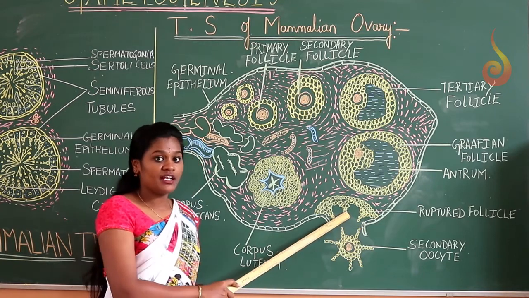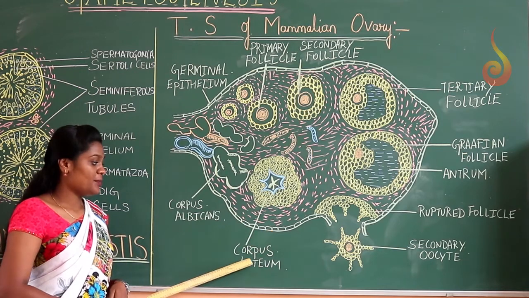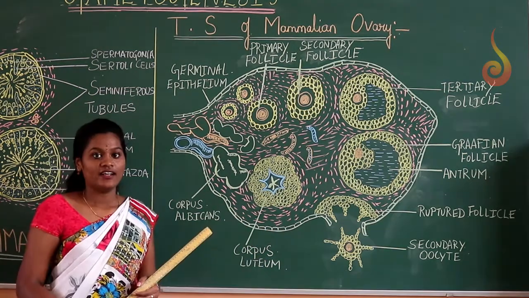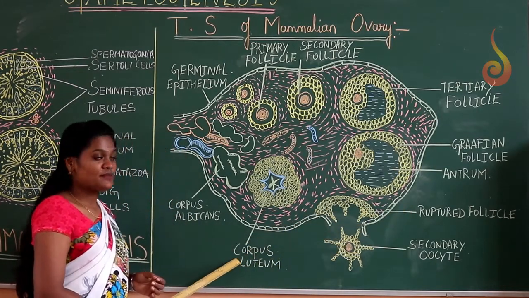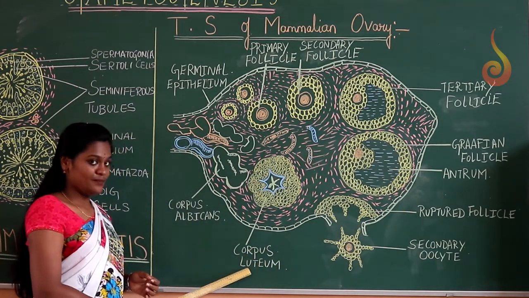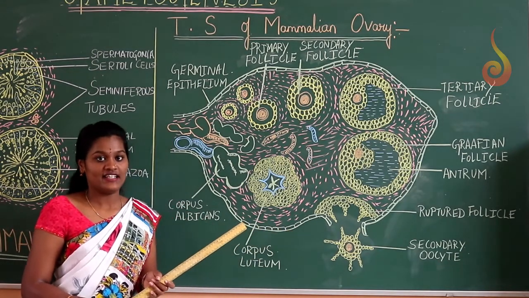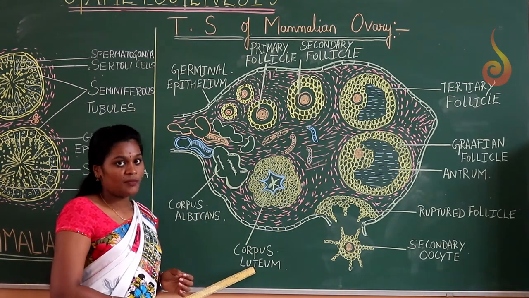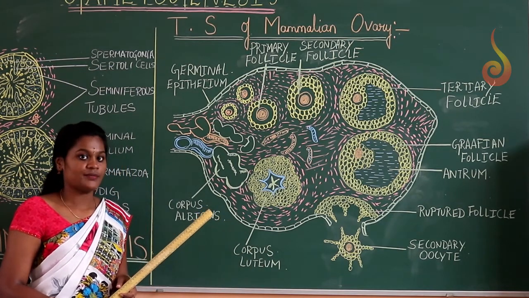The remaining ruptured follicles, they get converted to corpus luteum. The remaining mass of Graafian follicle develops into corpus luteum, which is characterized by a thick yellow mass of cells. This corpus luteum produces a hormone called as progesterone.